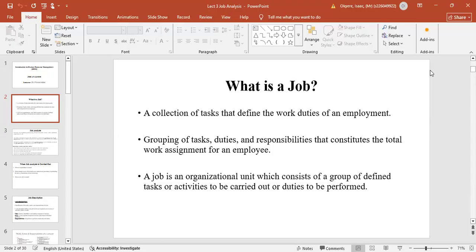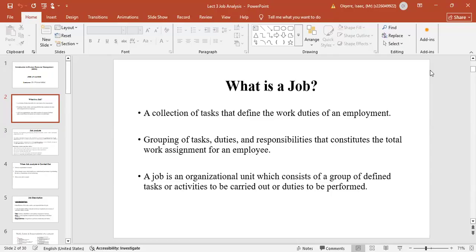A collection of tasks that define your job duties. So I have talked about job analysis as the procedure for studying jobs.